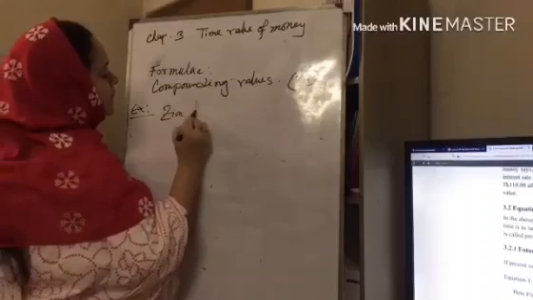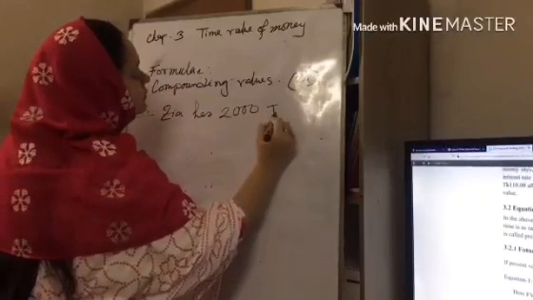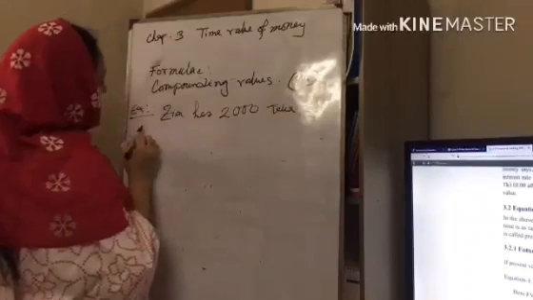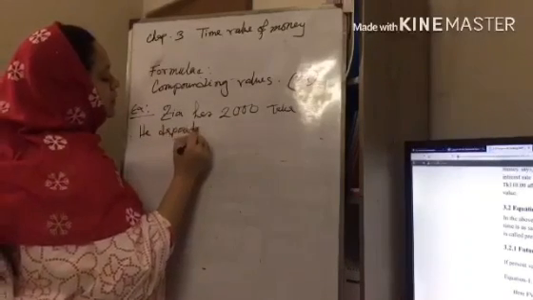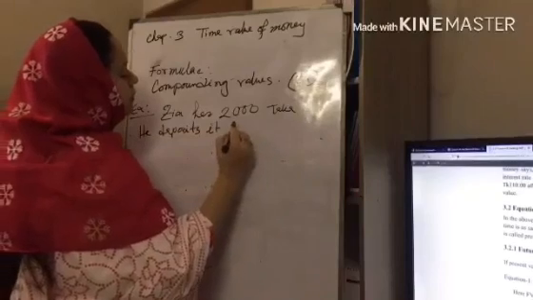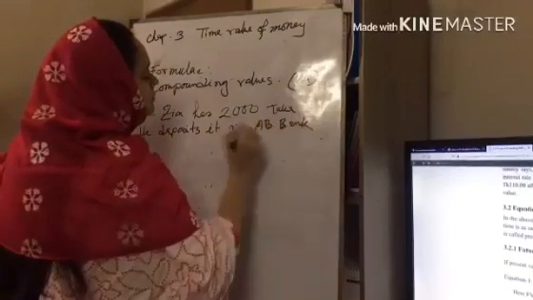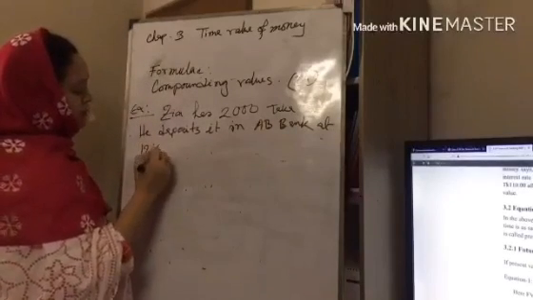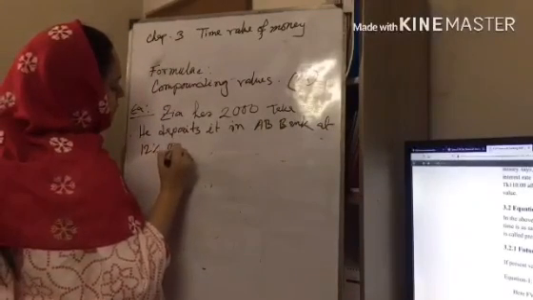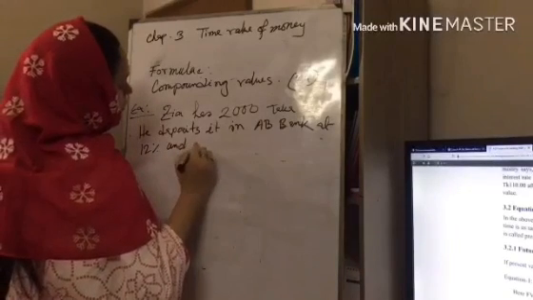Jia has 2000 taka. He deposits it in AB Bank at 12%, quarterly.